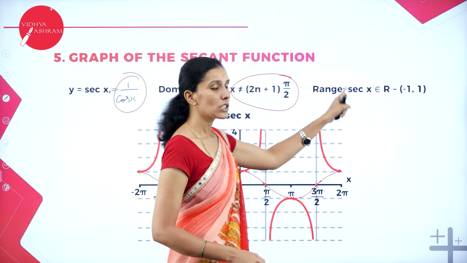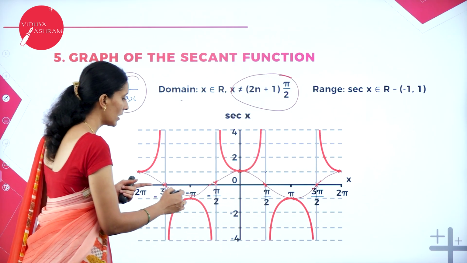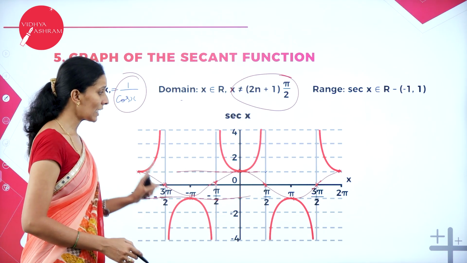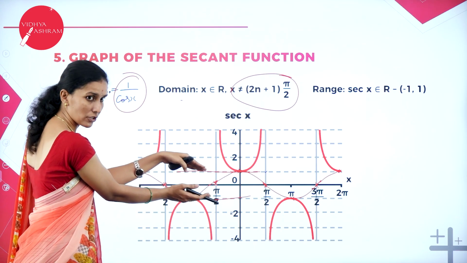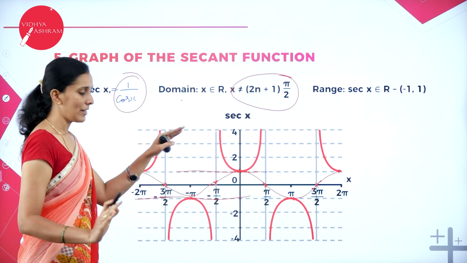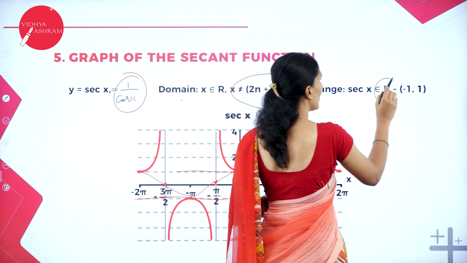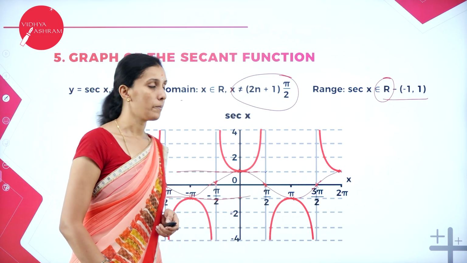Similarly, the range is any real number except between minus 1 and 1, because you can see the graph of secant x does not fall between these. It is after minus 1 and after plus 1. So it can take any real value except the interval minus 1 to plus 1.